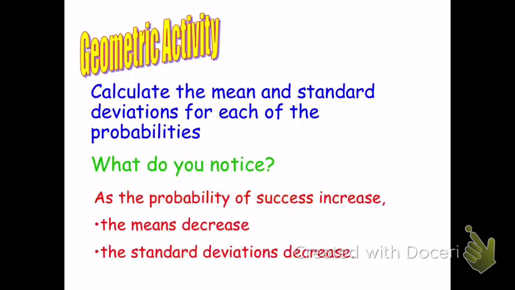I love those. As the probability of success increases, the mean decreases and the standard deviation decreases. So it's not like you go until 0.5 and then you increase again, like the binomial one. They both decrease. The mean gets smaller and the standard deviation decreases as well because it's getting more compact.